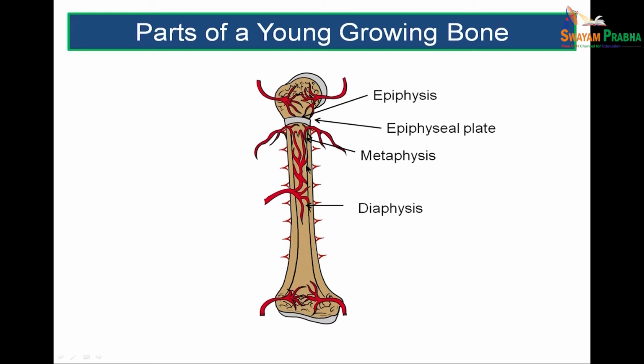The junction of the epiphysis with the diaphysis is called the metaphysis. And at the metaphysis, there is a plate of cartilage called the epiphyseal plate. This plate is called the growth plate of cartilage, and it is at this site that growth of the bone in length can take place.